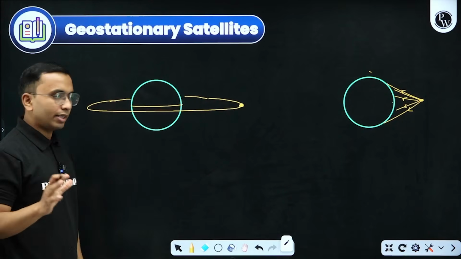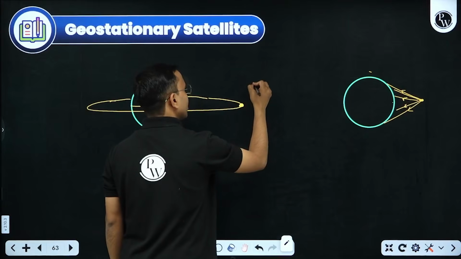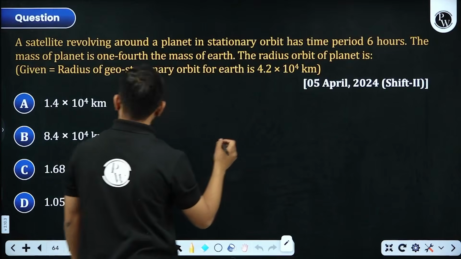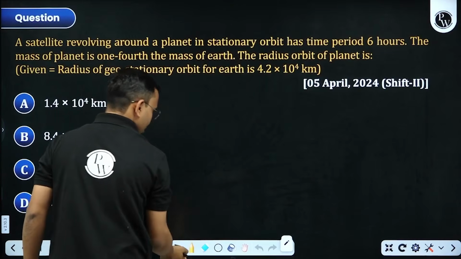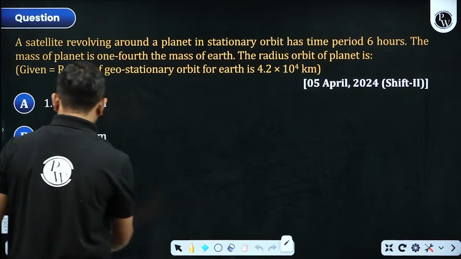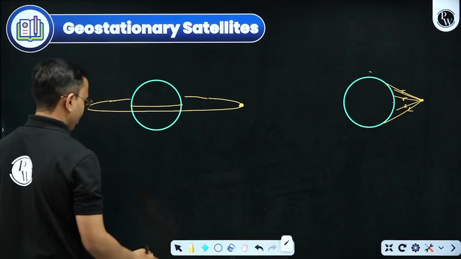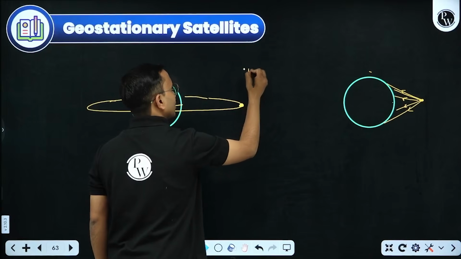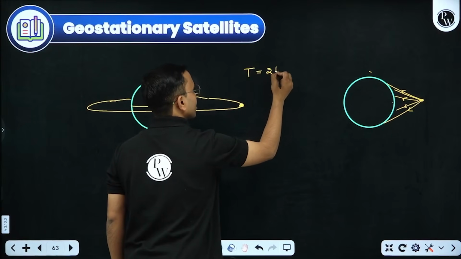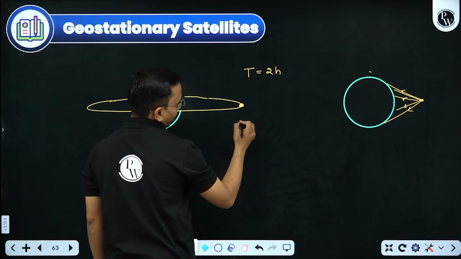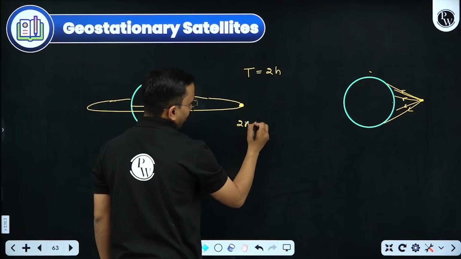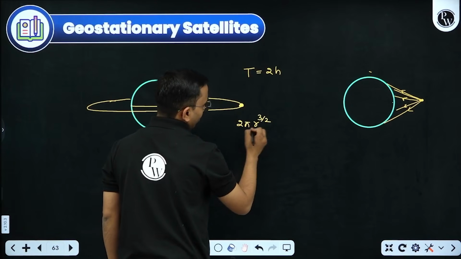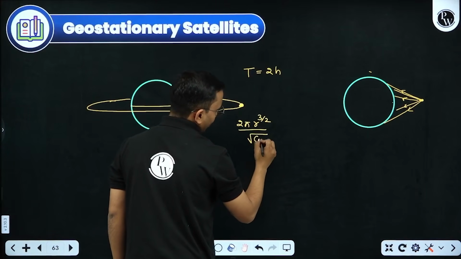The important thing here to understand is the time period of this geostationary satellite. The time period of this satellite is 24 hours. So the time period formula is 2 pi r to the power 3 by 2 by root of GM.